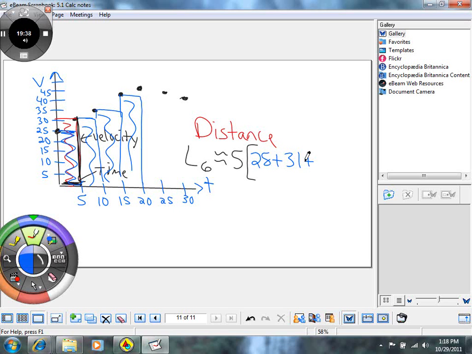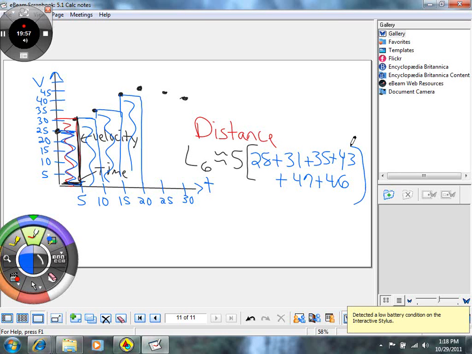So I have 31 plus 35 plus 43, and then 47, and then 46. Okay, that's in brackets. And that gave me an estimate of 1135 feet.